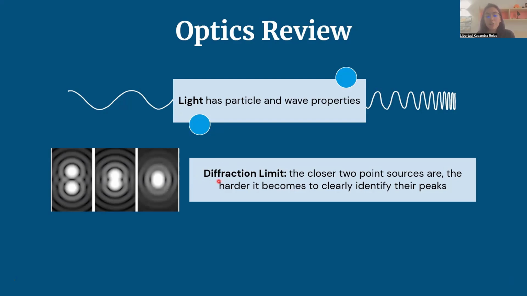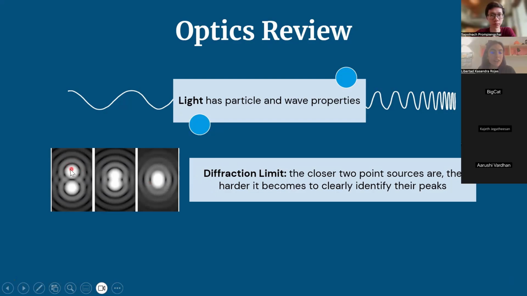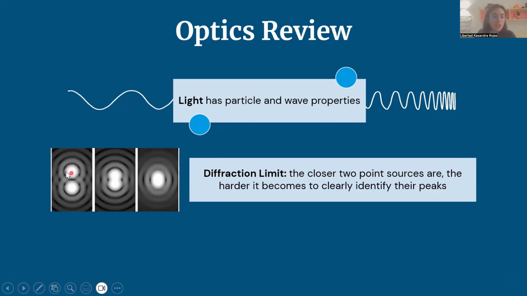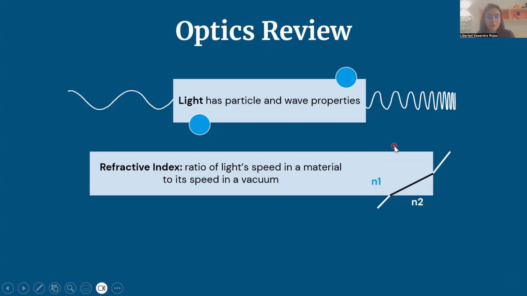That means that the closer two point sources are, the harder it is going to become to identify them clearly, no matter how much you zoom in, because light diffracts. And with that, I mean that when you have a point source, you're going to see other points of intensity that form around the point. When you get closer and closer, this is not going to allow you to tell the two point sources apart. So you cannot infinitely zoom in just because of this nature of light. Okay, so that's something just to remember.